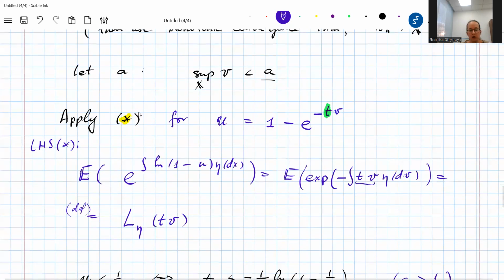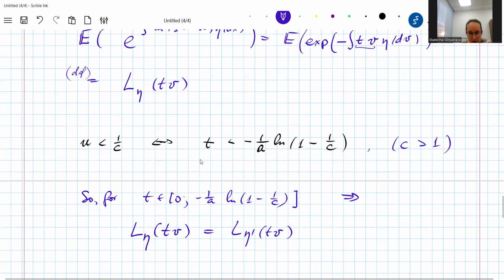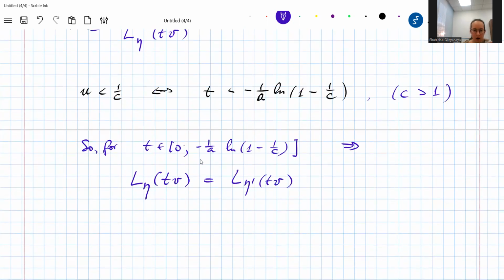Because we can apply the formula star, and the right-hand side of this formula uses only factorial moments measures of the point process. So if we know that the series converges absolutely, and these measures are equal, then we have the same left-hand side. So the Laplace transforms are equal for these measures eta and eta prime.